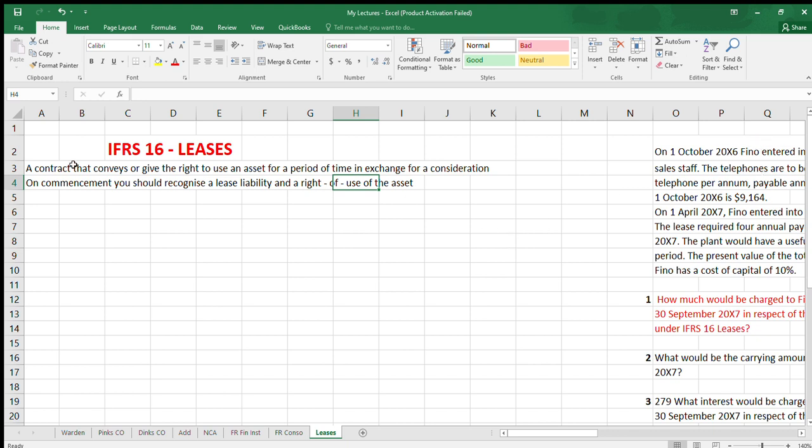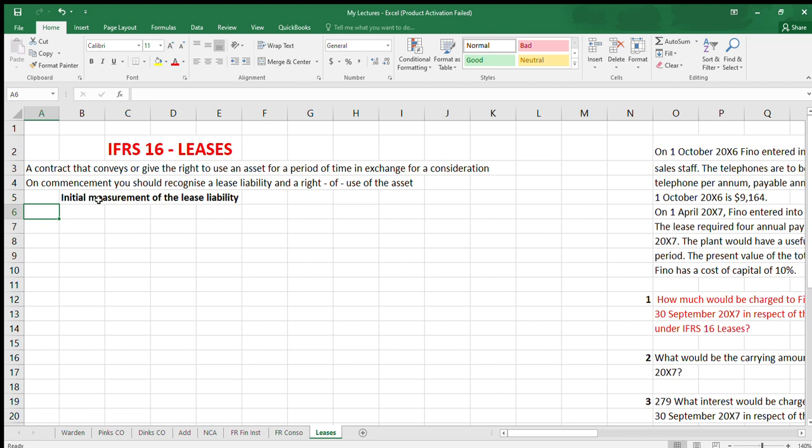So that's the recognition. The first thing we need to know is the initial measurement of the first principle, that's the lease liability.